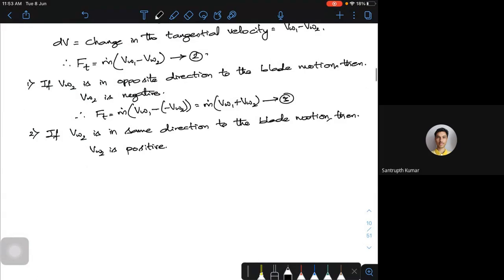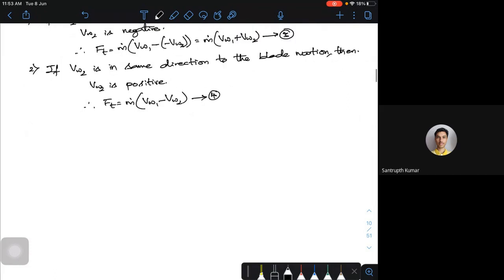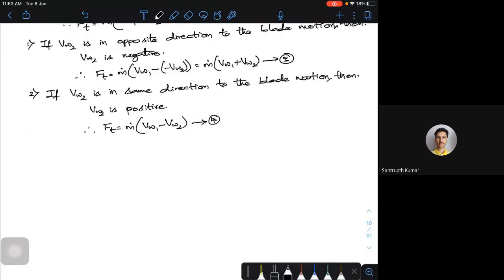Therefore, your force will remain m dot into Vw1 minus Vw2. That is, your equation 2 will remain as it is. So this is the reason for when you are supposed to put plus and when you are supposed to put minus. Let me put the velocity triangle for this condition.